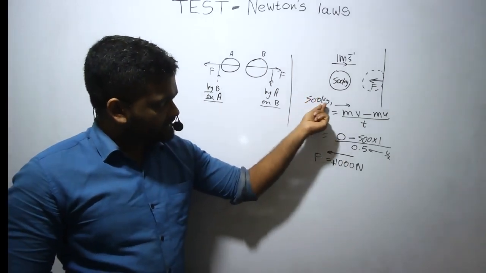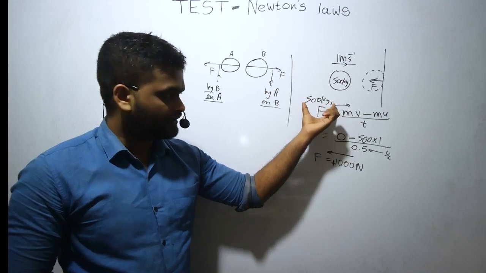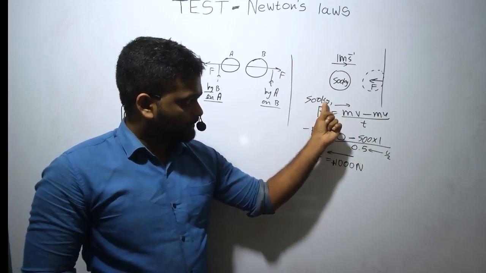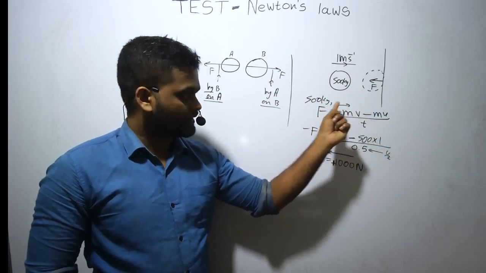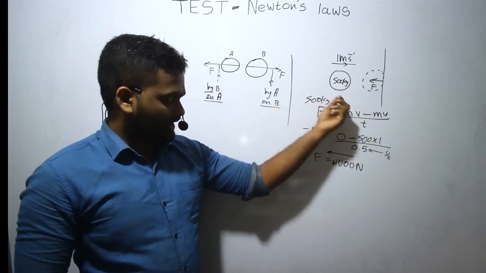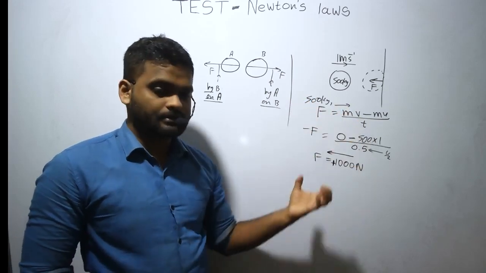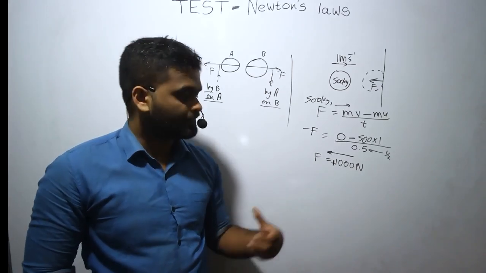There's always something that you have to put in the equation, right? You have to specify that. That is 500 kilogram. Then you put a direction, right? To this direction. You can put the direction to the other side as well, but the equation signs change, but finally you get the correct answer.